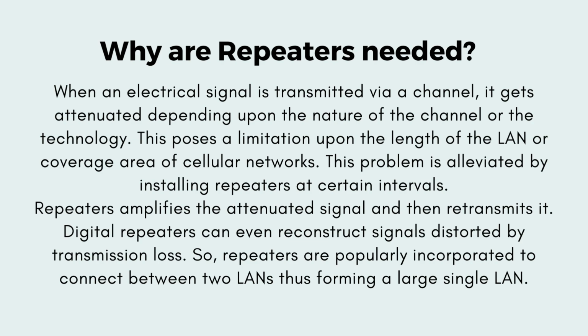This problem is alleviated by installing repeaters at certain intervals. Repeaters amplify the attenuated signal and then retransmit it. Digital repeaters can even reconstruct signals distorted by transmission loss. So, repeaters are popularly incorporated to connect two LANs, thus forming a large single LAN.